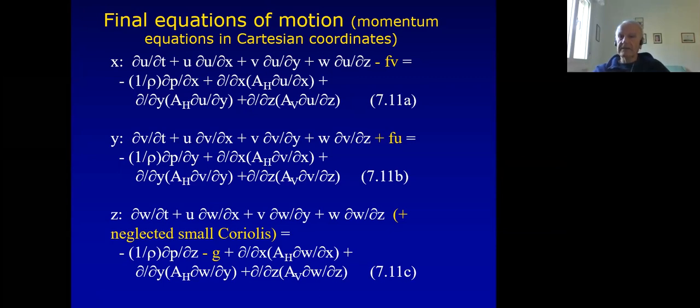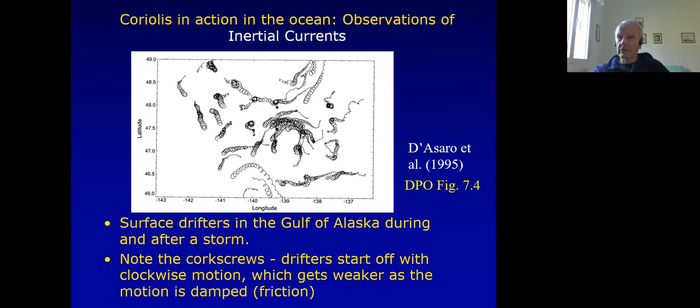One of these solutions, or one of these current fields which we have observed in the ocean, is what we call inertial currents, where we can see the Coriolis force in action.